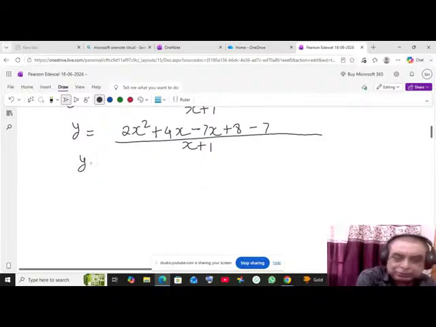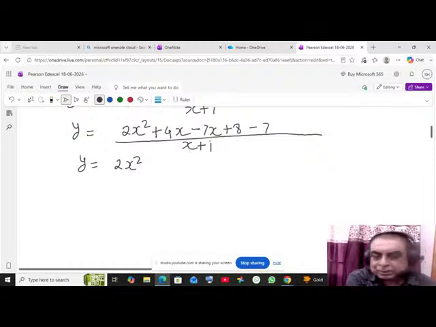So y value becomes equal to 2x squared plus 4x and minus 7x, you add. The term with the negative sign has a larger coefficient. 7 is bigger than 4. So we will write the sign of the term with the larger coefficient. Minus sign you will put, and from 7 you subtract 4.